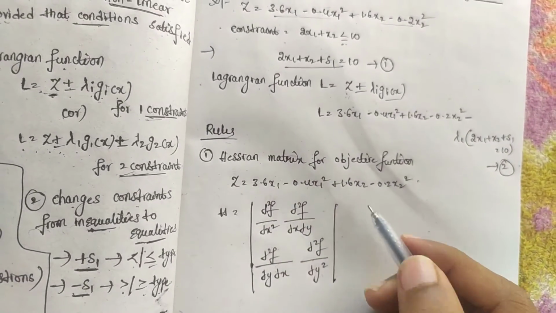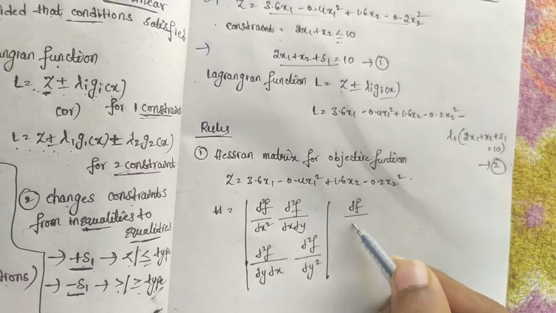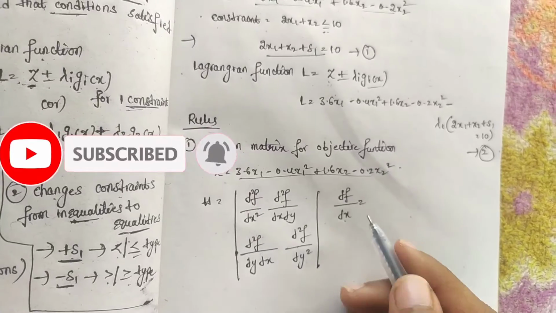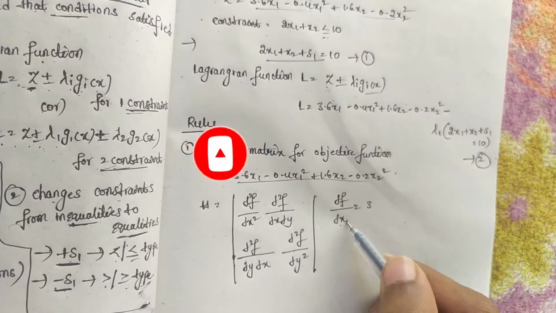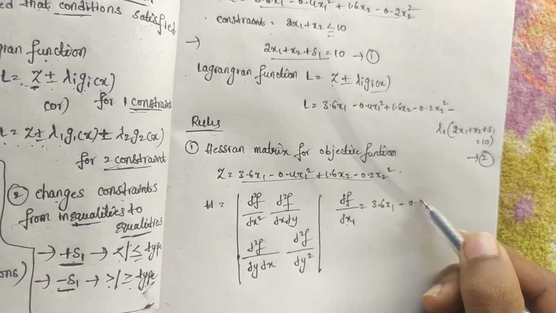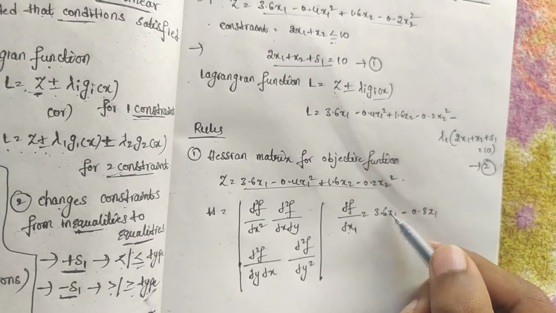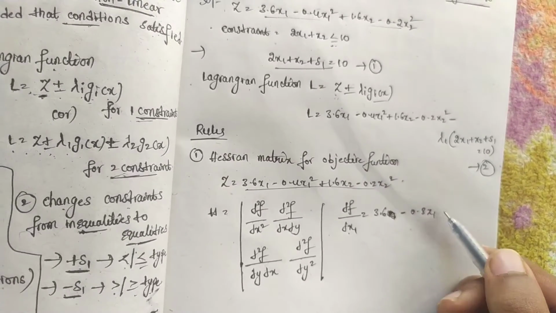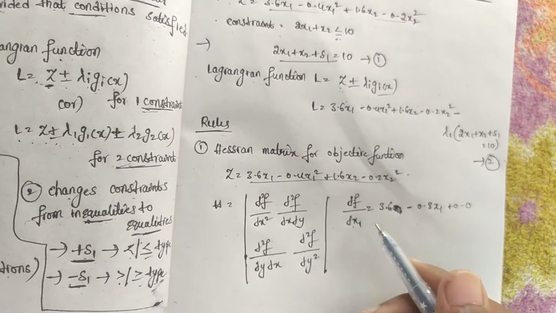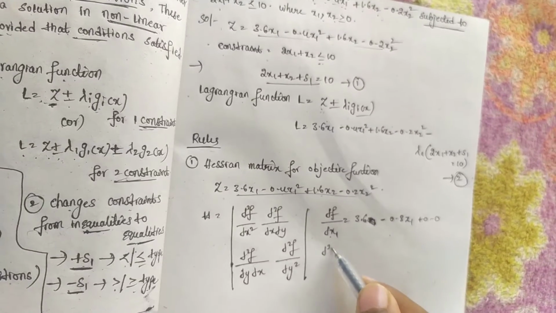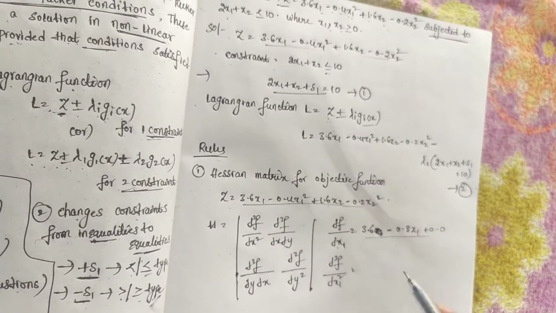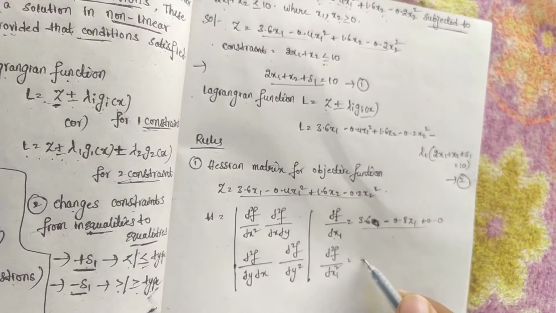First we do dou f by dou x1, which means differentiating this function with x1. We get 3.6 minus 0.8x1, and the other terms become 0. This is dou f by dou x1. Next, dou square f by dou x1 square: differentiating again with x1, we get minus 0.8.